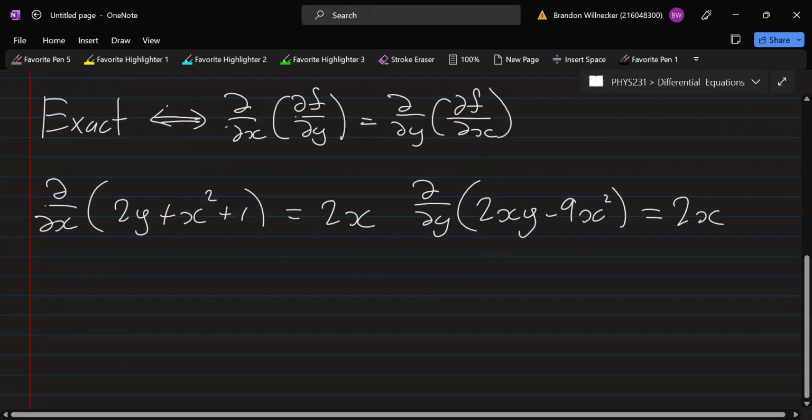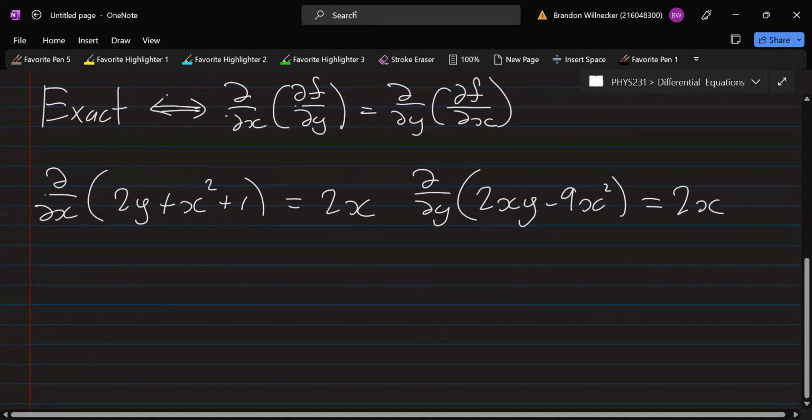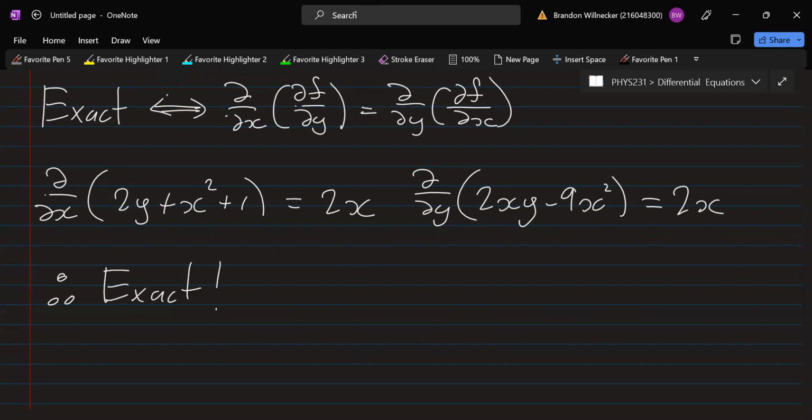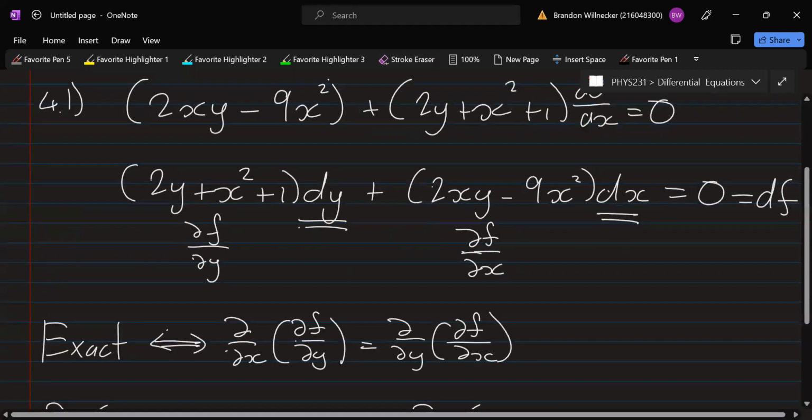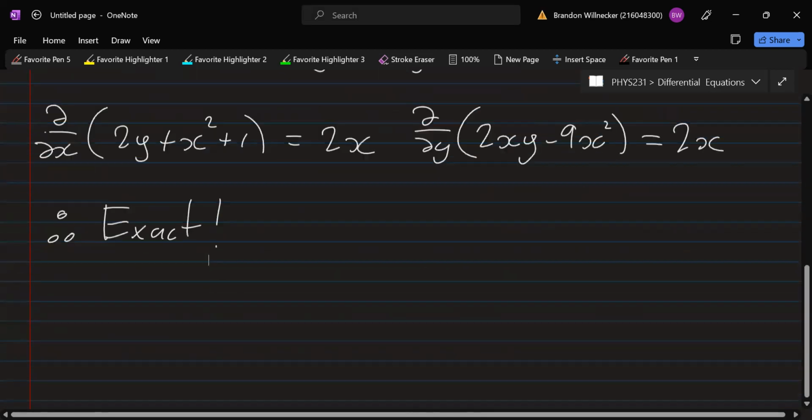Okay, so they're equal, which means this is exact. Since it's exact, we can now find this function f, and that will give us our solution of y in terms of x.